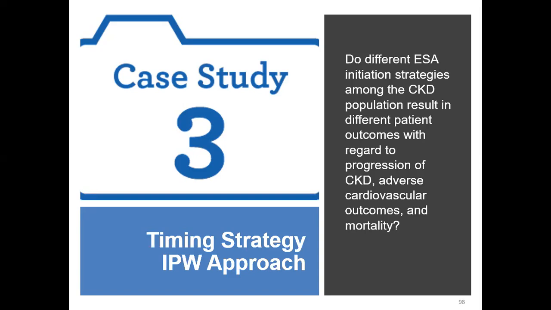So the case study number 3, we are comparing timing strategy using the IPW approach. If we say that the previous 2 case studies are successes, should we say this is a failure?